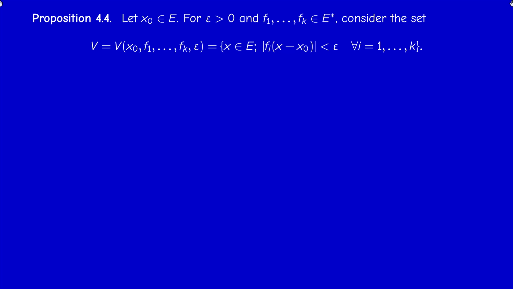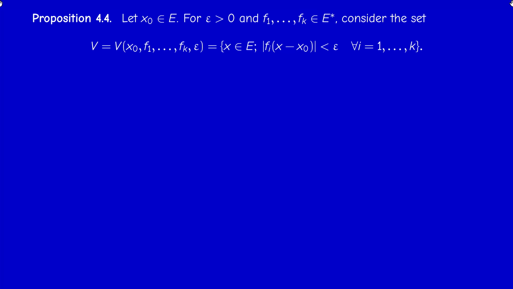The next property is something very useful in practice: it gives us a practical form for weak neighborhoods of points. If x0 is a point in E, epsilon is a positive number, and we have finitely many elements f1 through fk in the dual of E, we consider the set V that depends on x0, f1 through fk, and epsilon.